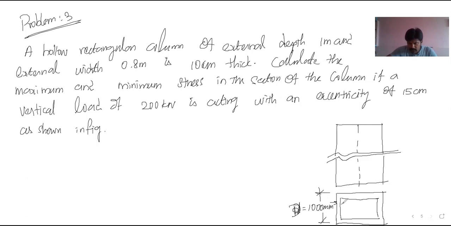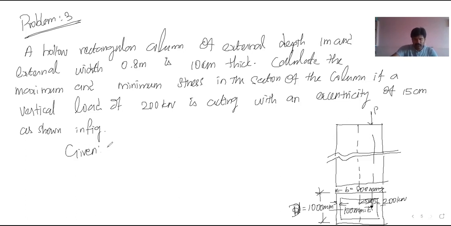And the thickness 10 centimeter, so 100 mm thick. Similarly, the breadth of the section B is equal to 800 mm external. Okay. So here the load has been applied somewhere here. The load P is going to be here. That value of P is equal to 200 kilonewton with an eccentricity of 150 mm. Okay, so these are all the given data.